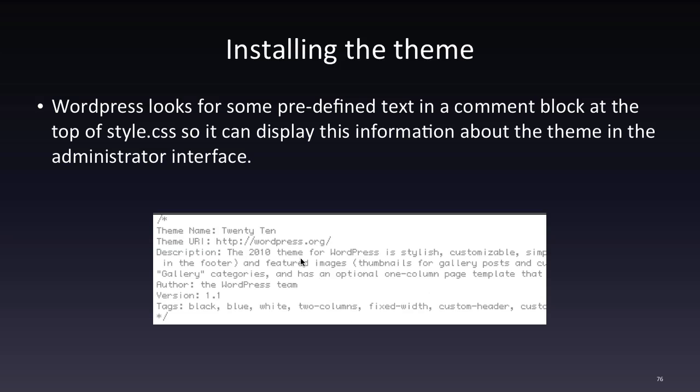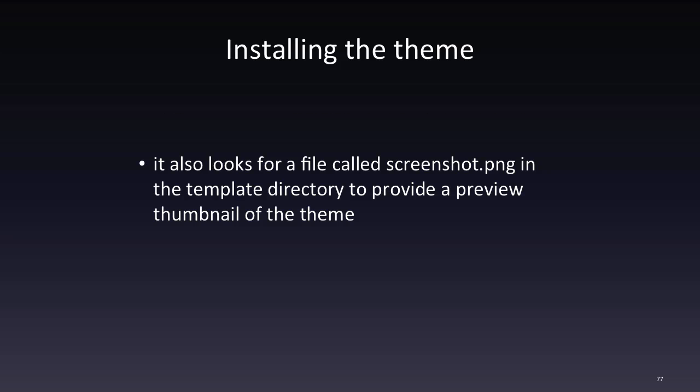This is an example of the CSS comment information at the top of one of the built-in themes, and it's essentially just some predefined text headings with some information. So things like the name, the URL where you can find the theme, a description of it, version, author, and tags.